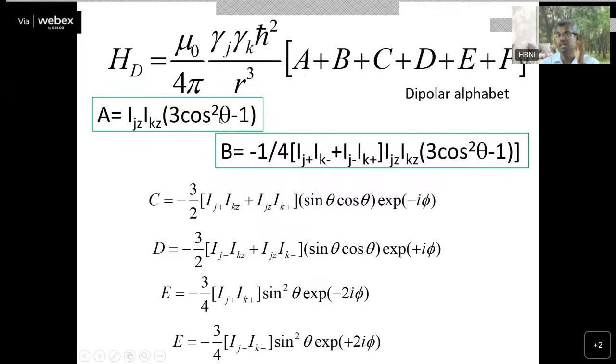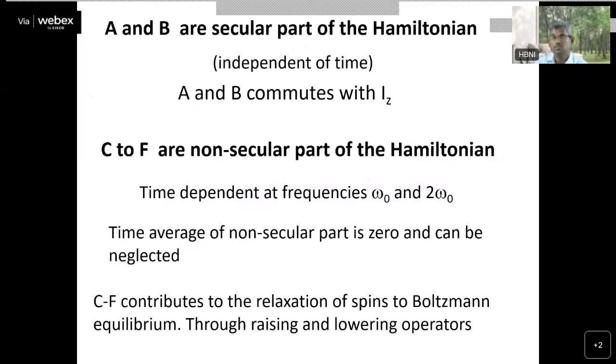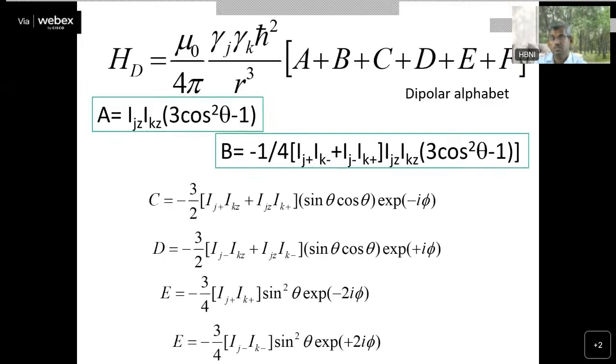Forget about that. But one thing you should know: the interaction term 3 cos squared theta minus 1, the angular term, is predominant in the first and second expressions only. Another term is also there, j plus, k minus, k plus, and so on. These are called raising and lowering operators. Probably you might have learned them in your previous classes also.